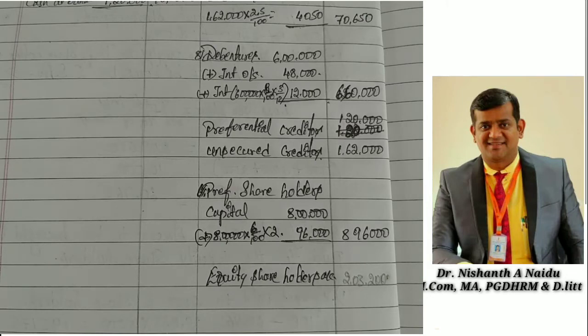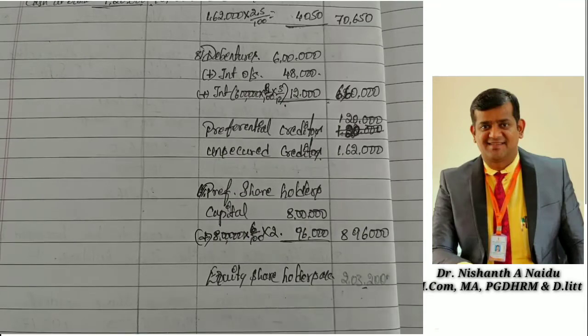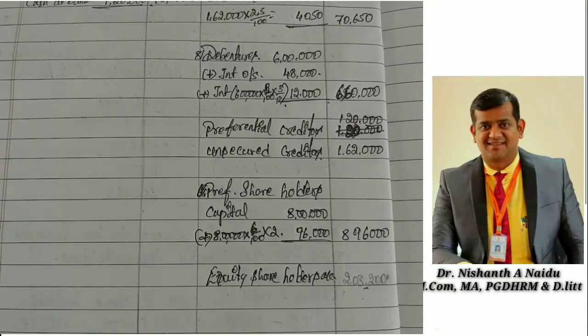Total equity share capital paid up: 4,000 equity shares of 100 each, 75 paid, 3 lakh. Then 12,000 equity shares of 100 each, 60 paid, 7 lakh 20,000. Put together 10,20,000 we are supposed to settle, but we have only 2,03,200 rupees. So there is a loss.